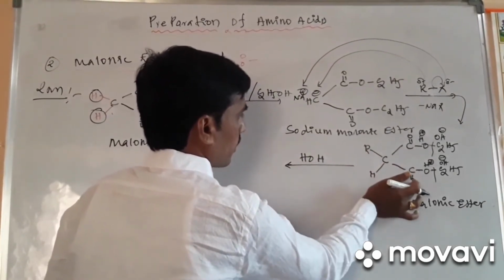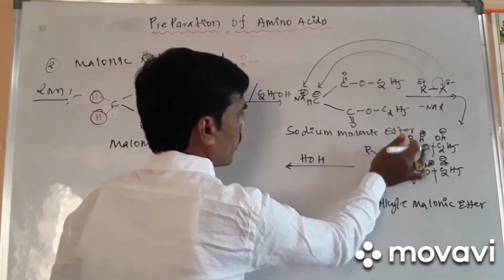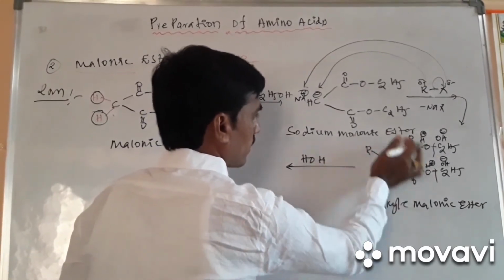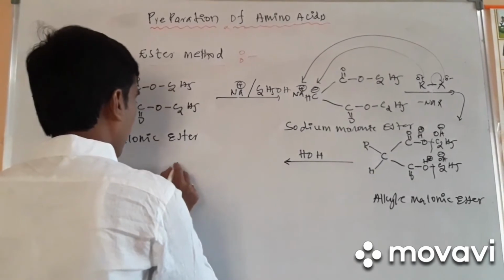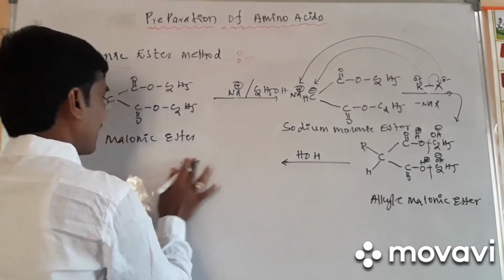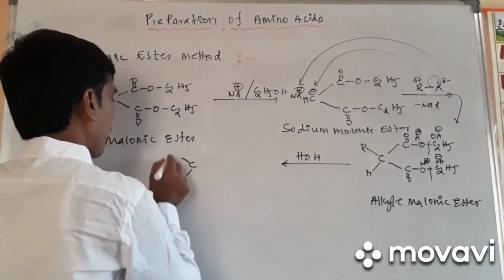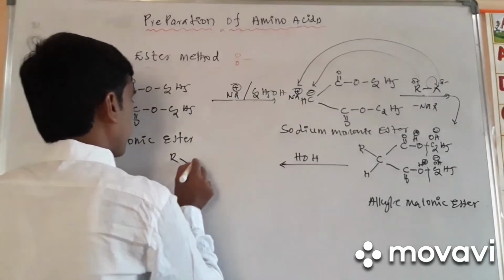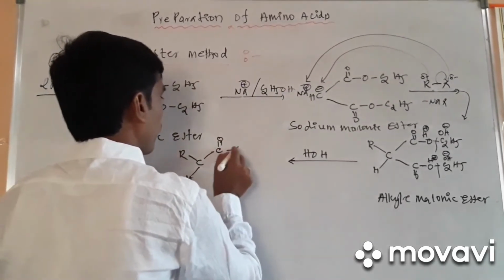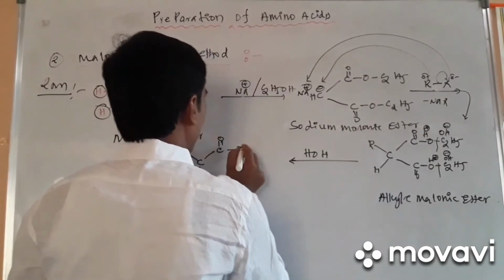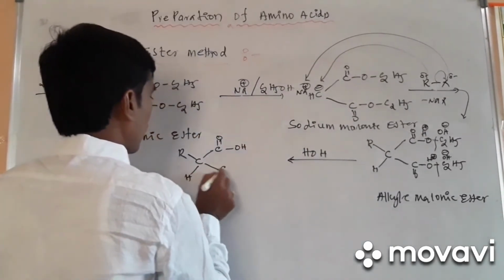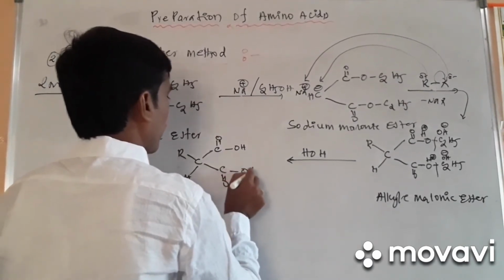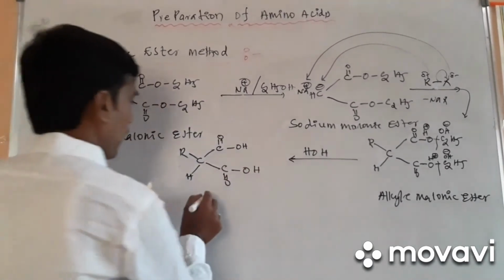Next it gives rise to RCH, C double bond OH, next to C double bond OH. This is called alkyl malonic acid, that is R, H, next to C double bond OH.